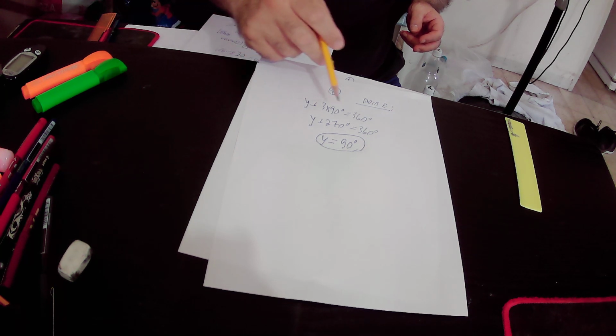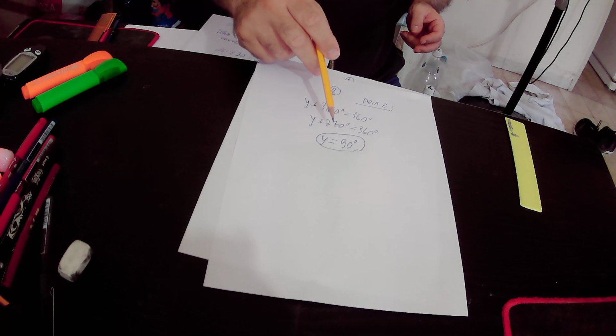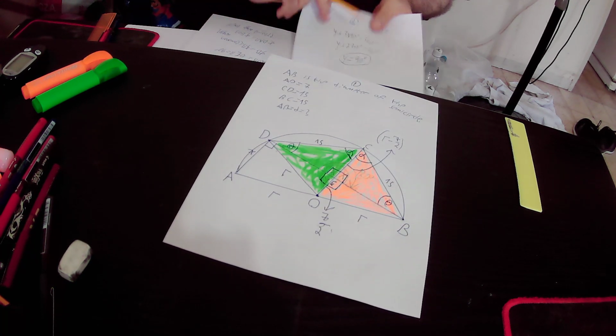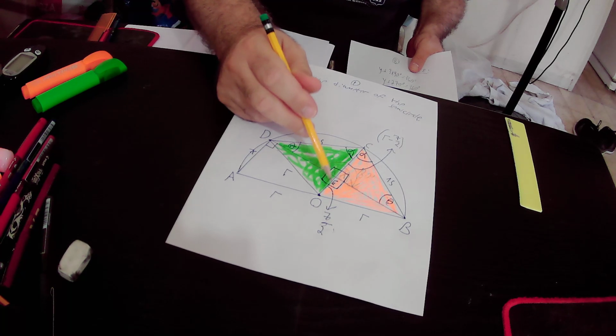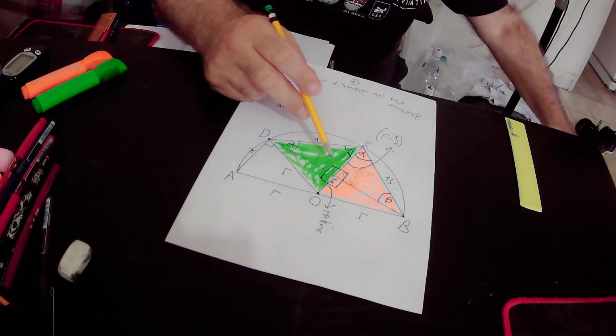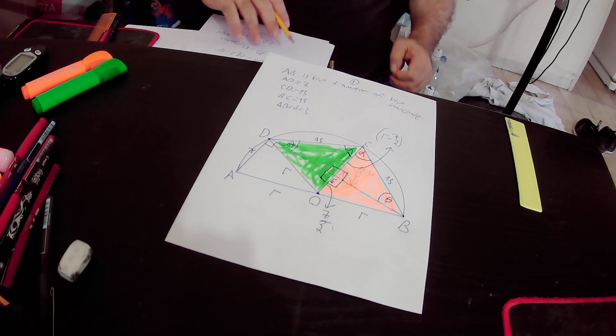So here we can subtract 270 degrees from this equality. We will get that angle Y equals 90 degrees. So this angle also is a right angle. So we found out that all the four angles around point E are right angles. They are equal to 90 degrees.